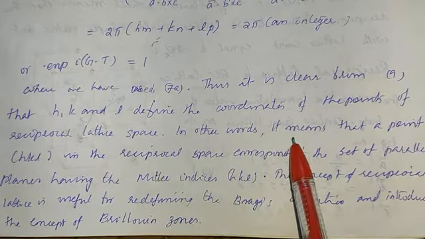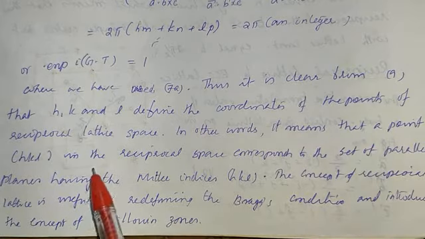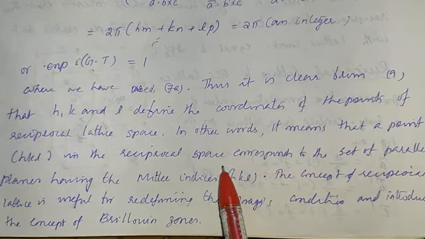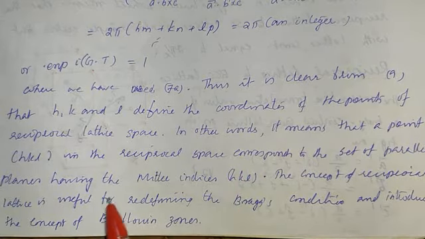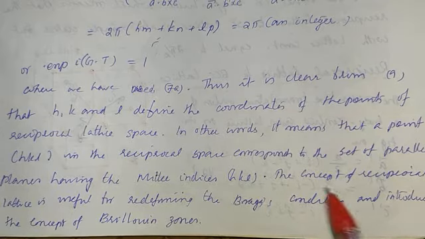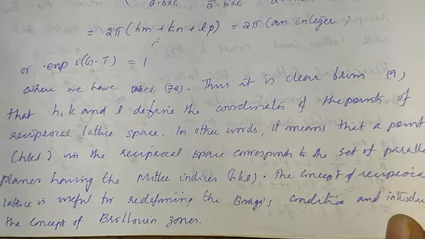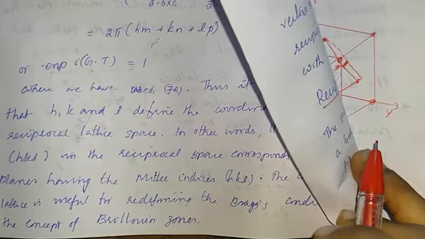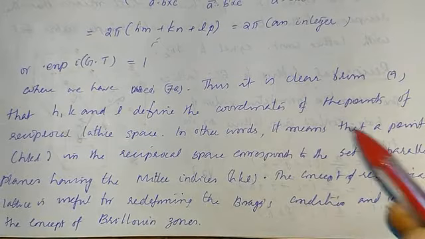In other words, a point HKL in the reciprocal space corresponds to the set of parallel planes having the Miller indices HKL. The concept of reciprocal lattice is useful for redefining Bragg's condition and introducing the concept of Brillouin zones.